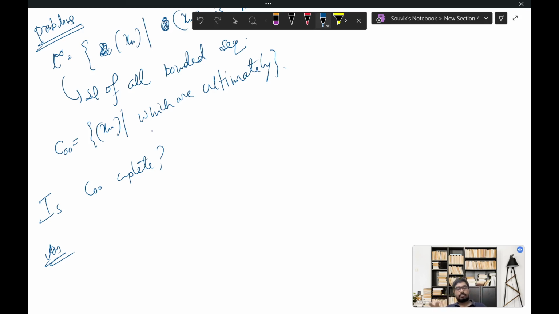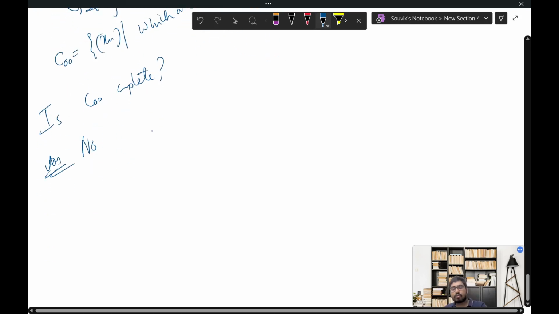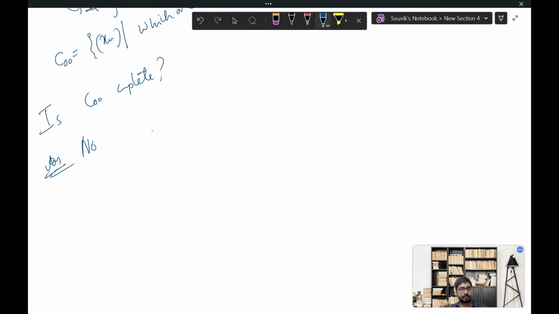So this means we need to show that a Cauchy sequence in c00 is not convergent inside c00, right? So the answer is no. But how to do it? We need to choose a sequence which is Cauchy but not convergent.